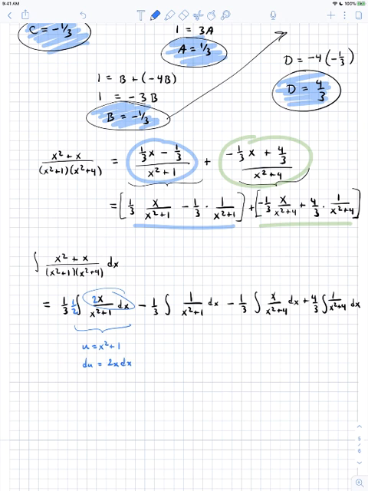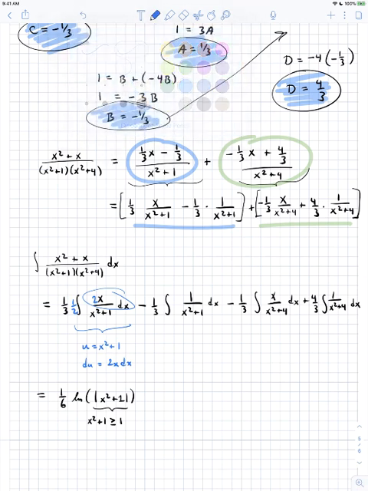And so now this one is 1/6 times 1 over u du, so that's going to be ln of the absolute value of x squared plus 1. You don't actually need the absolute values there because x squared plus 1 is always greater than or equal to 1, so it's always positive.